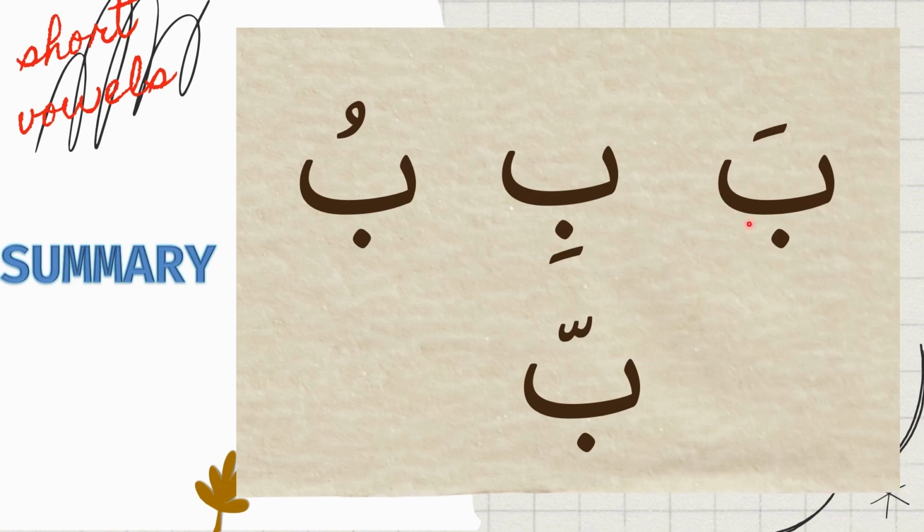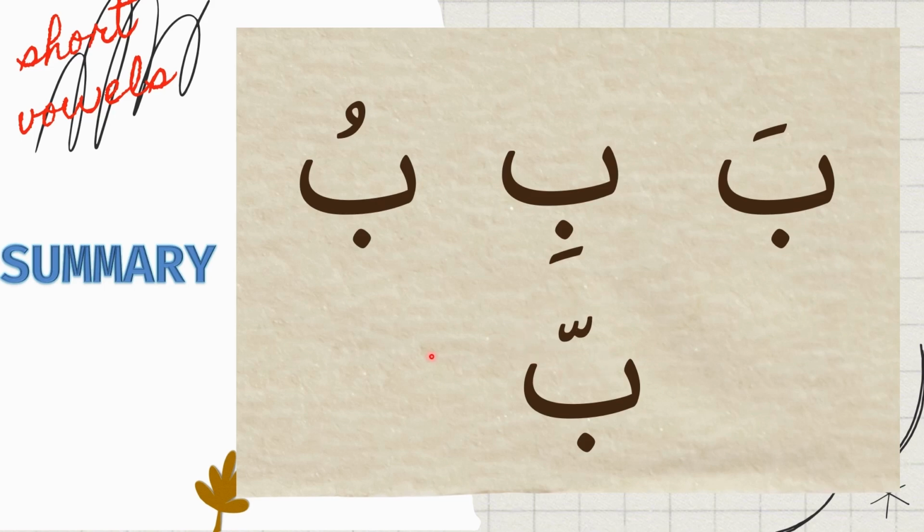We have 4 Arabic diacritical marks. The first one here on the right is Fatha, and it's a little dash put above the letter and it produces the A sound, so this is Ba. The second one is similar, but it's put under the letter and it produces the E sound, so this is Bi.